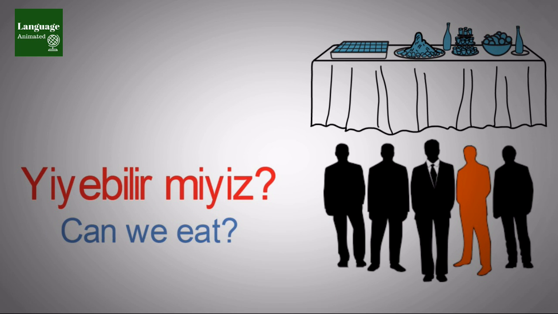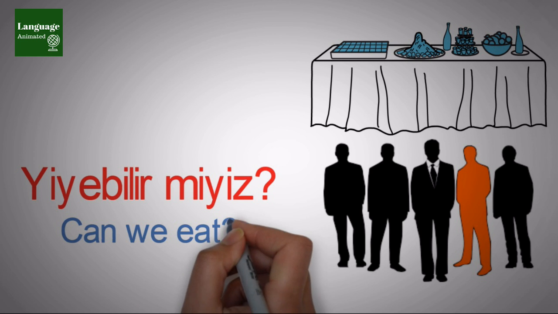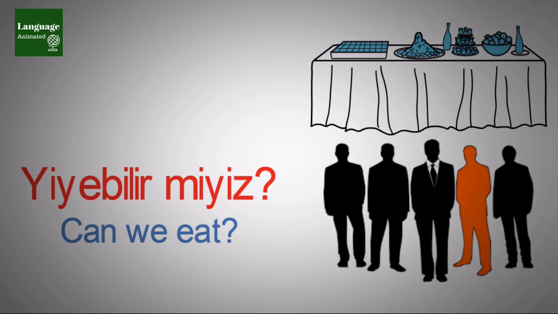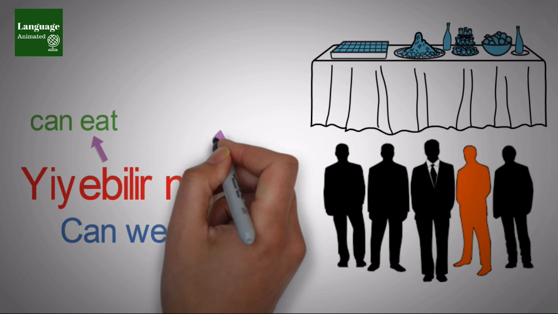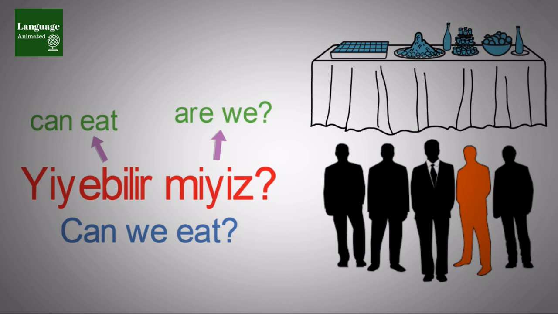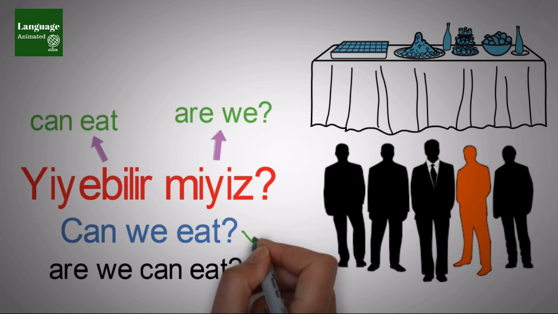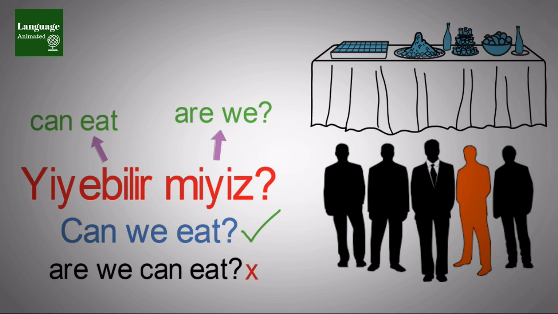Yiyebilir miyiz? It means, can we eat? Yiyebilir means can eat. And miyiz means are we? So the translation becomes are we can eat, but the correct translation is can we eat?